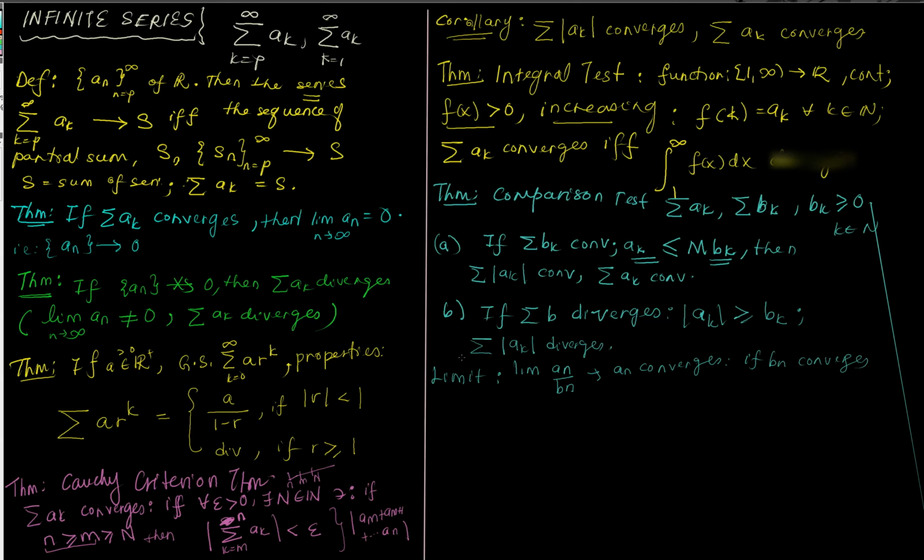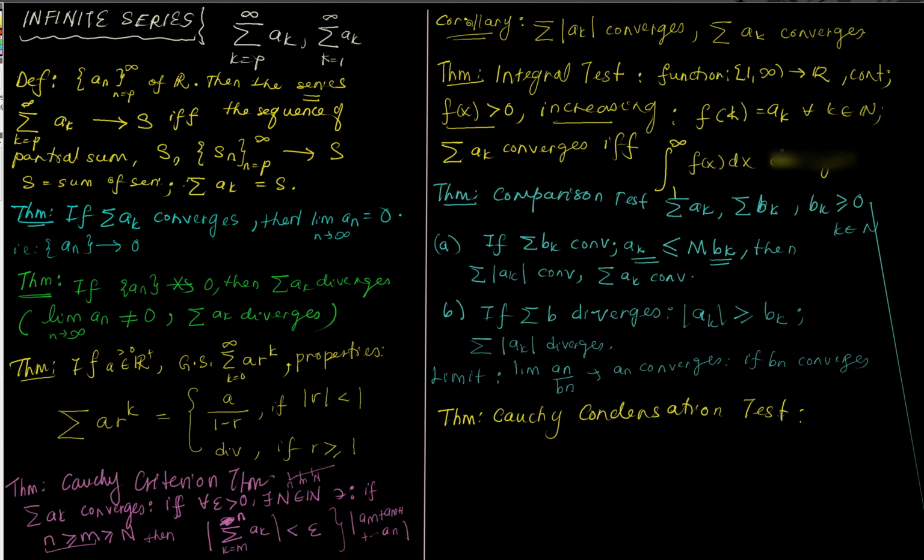All right. And finally, what we're going to take a look at in this section is called the Cauchy condensation theorem. So let's take a look at the Cauchy condensation test.